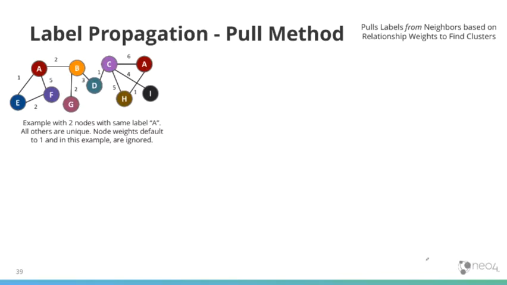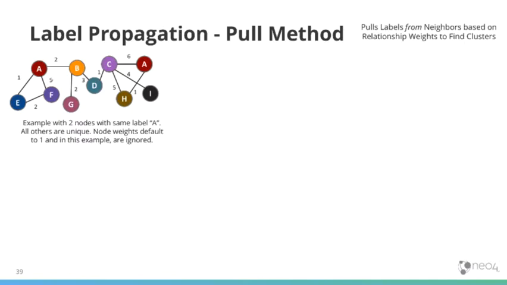In this example, we started with 2 nodes having an A label, leaving all other ones unique. We're also going to default the node value to 1 so that we can concentrate on relationship values, but label propagation does lend itself to looking at both node values and relationship values.